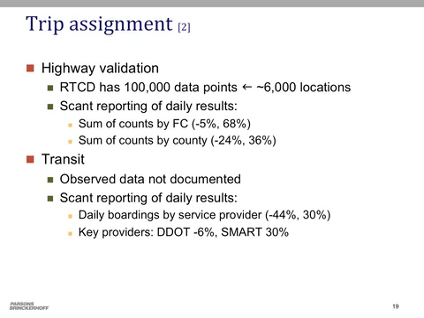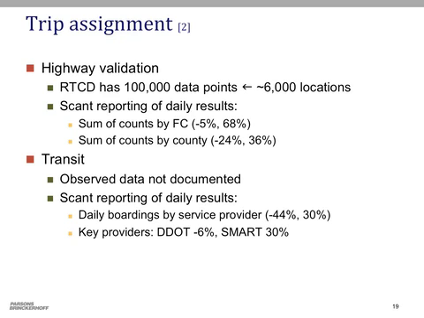On the transit side, we have observed data that they obviously used in building this model, but we don't see what it is. And that's somewhat bothersome for us. And like traffic assignment, they have pretty scant reporting of data.